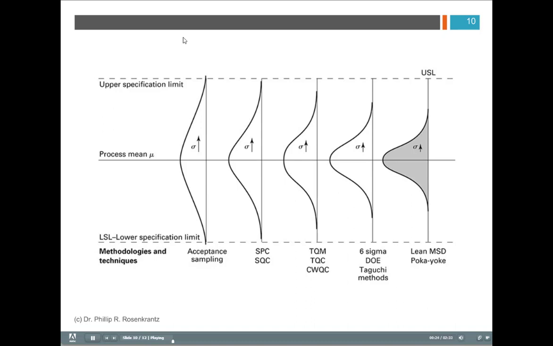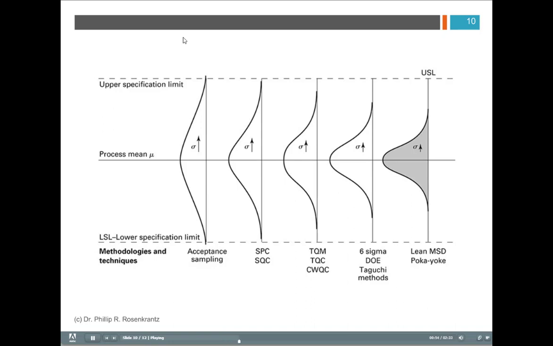Now, there could probably be disagreement among experts on this particular slide, but I think for purposes of illustration, it does serve us well. Reducing variation can begin with improving your inspection, and that's what acceptance sampling is attempting to do, to use some scientific methods to reduce defects by screening out poor quality.